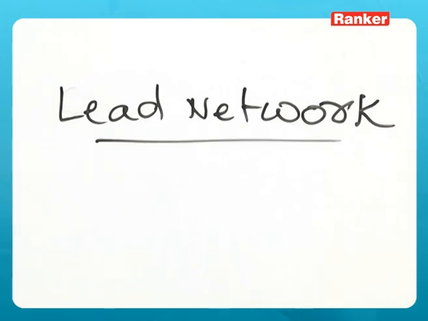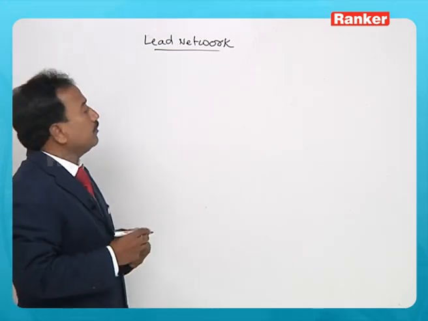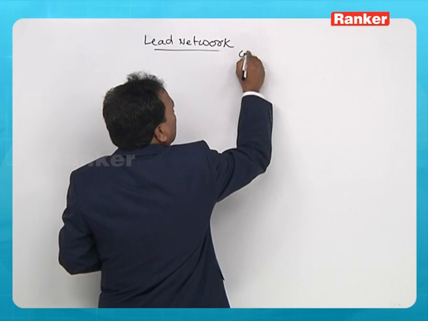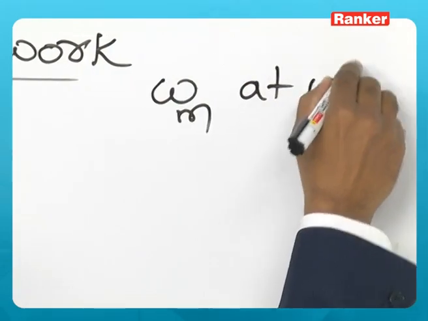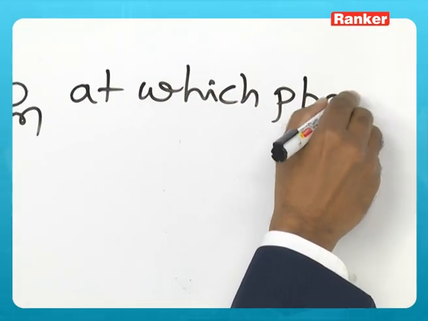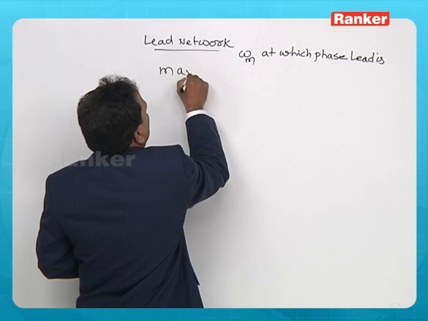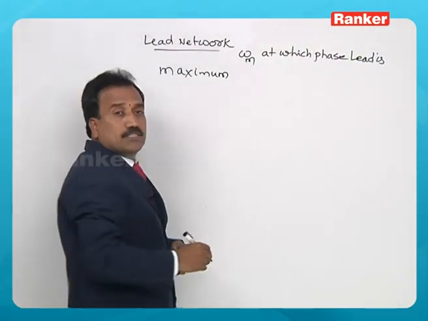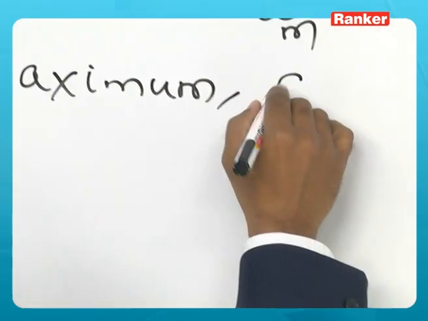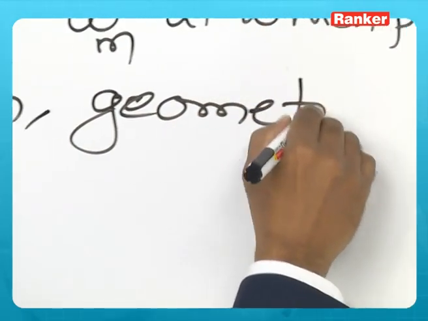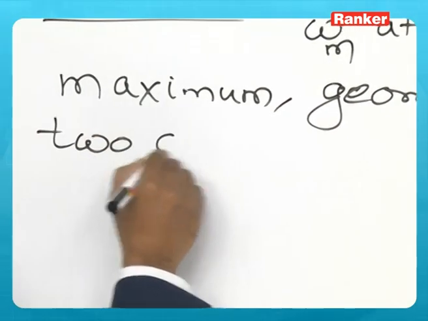So, for the lead network, from the Bode plot, it can be seen that the frequency at which the phase angle, or phase lead, is maximum is given by the geometric mean of the two corner frequencies.